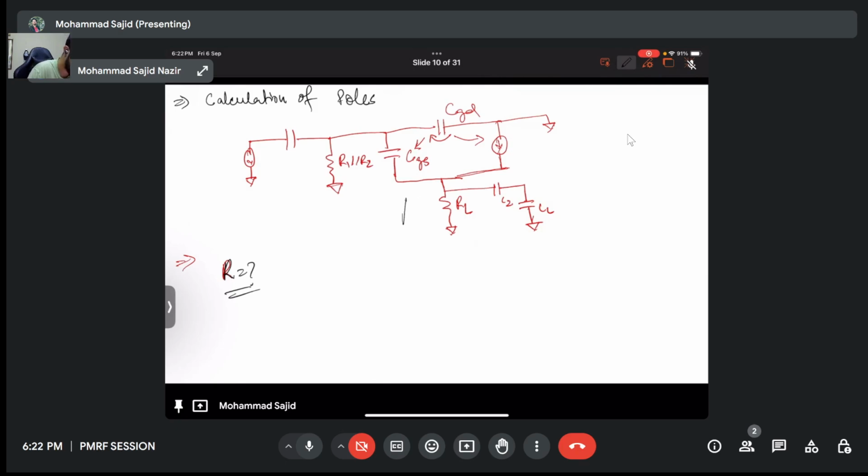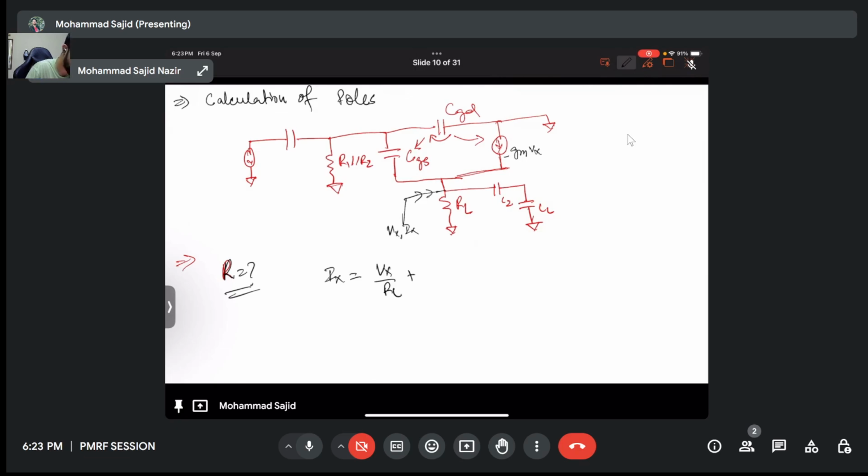Just add a test source here, which is Vx and Ix, and other sources will be grounded. So basically, your Ix will be Vx by RL, plus Gm VGS. This is going like this.